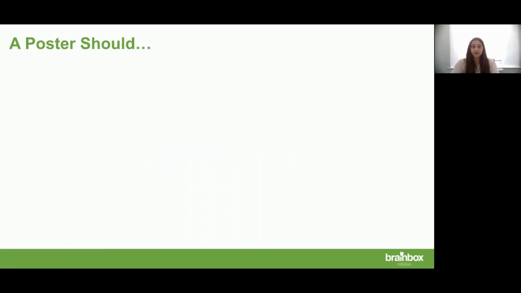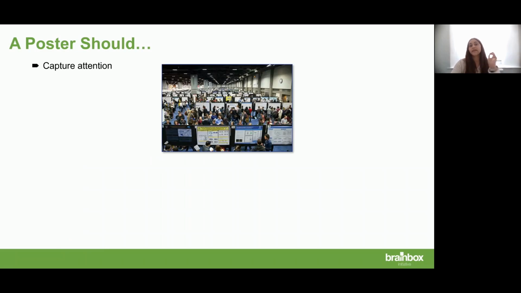So your poster presentation should first capture attention. Again, this is a very saturated poster session with a lot to look at in a very short amount of time. You want to make sure that your poster can capture the attention of people there so that maybe they'll want to come up and engage in conversation with you, which again is the goal.